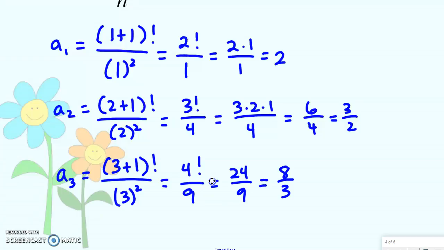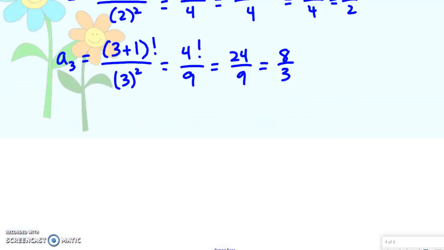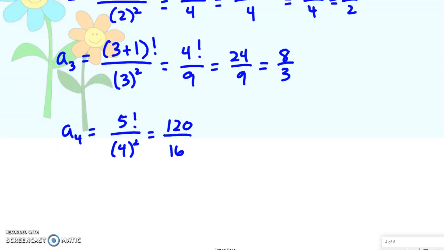Okay, and then pause it and do a sub 4. We should get 5 factorial over 4 squared. That's 120 over 16, which is 15 over 2.